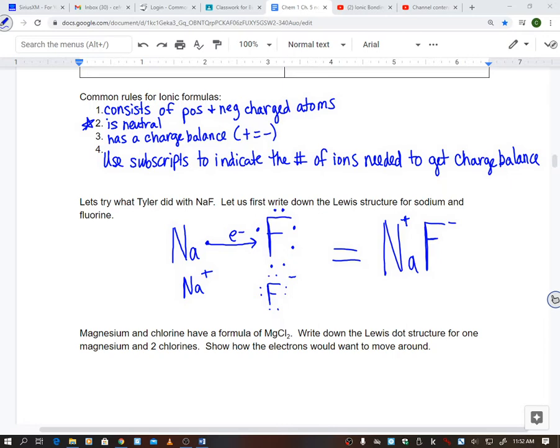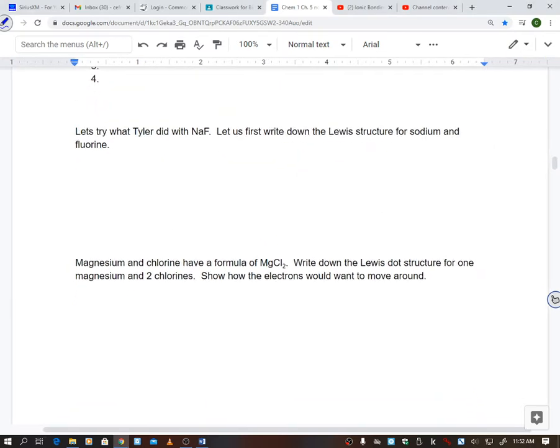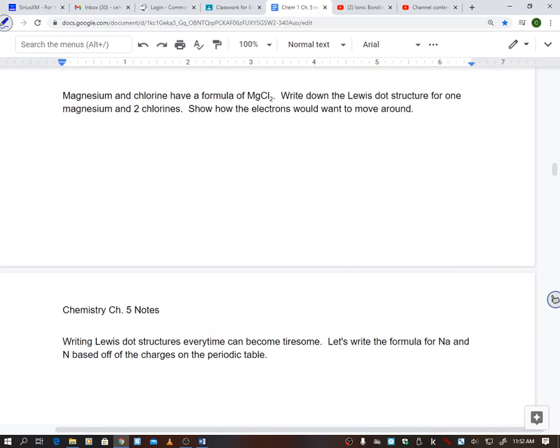All right, so let's try it with one that is going to have some subscripts. We have magnesium and chlorine with a formula of MgCl2. Write down the Lewis dot structure, which remember is the valence electrons, for 1 magnesium and 2 chlorine. So I'm going to take 1 magnesium, because that's what it tells me I have.